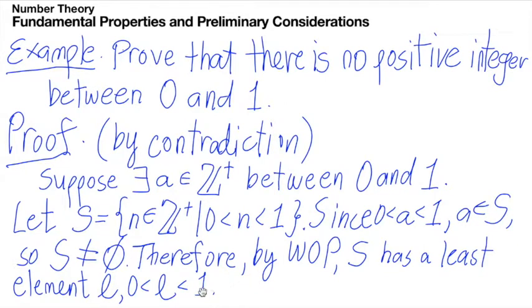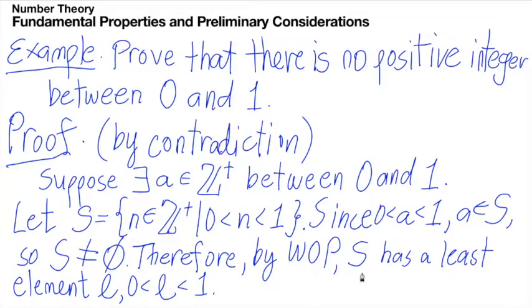Okay, so again, let us see this. There exists an a that is a positive integer between 0 and 1, and we define this set S to be all n in the positive integers which is between 0 and 1. And since a is between 0 and 1, a is inside the set S. So S is non-empty and composed of positive integers, therefore it satisfies the well-ordering principle.